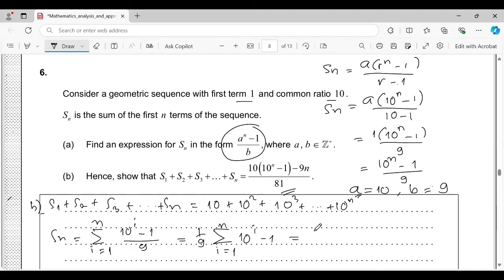Then we can write it like this: 1 over 9 multiplied by sigma i equals 1 to n of 10 to the power i minus sigma i equals 1 to n of 1.